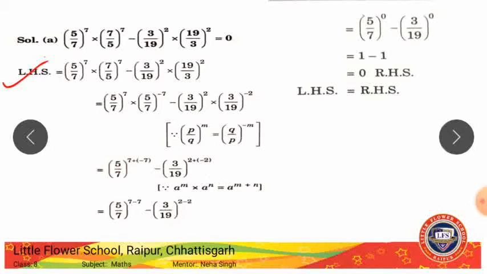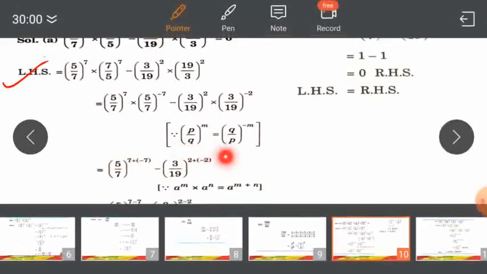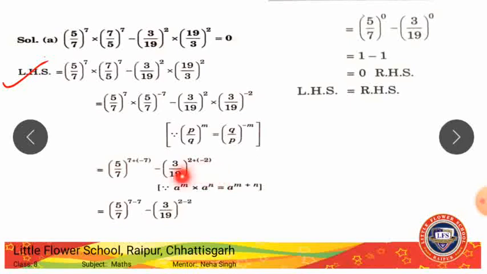Now since it is in multiplication, the powers will be added. 5 by 7, 7 plus minus 7, plus minus is minus, 7 minus 7 will be 0. Similarly, 2 minus 2, plus and minus is minus, 2 minus 2 is 0. Now a^0, we know one more property we are going to write here.